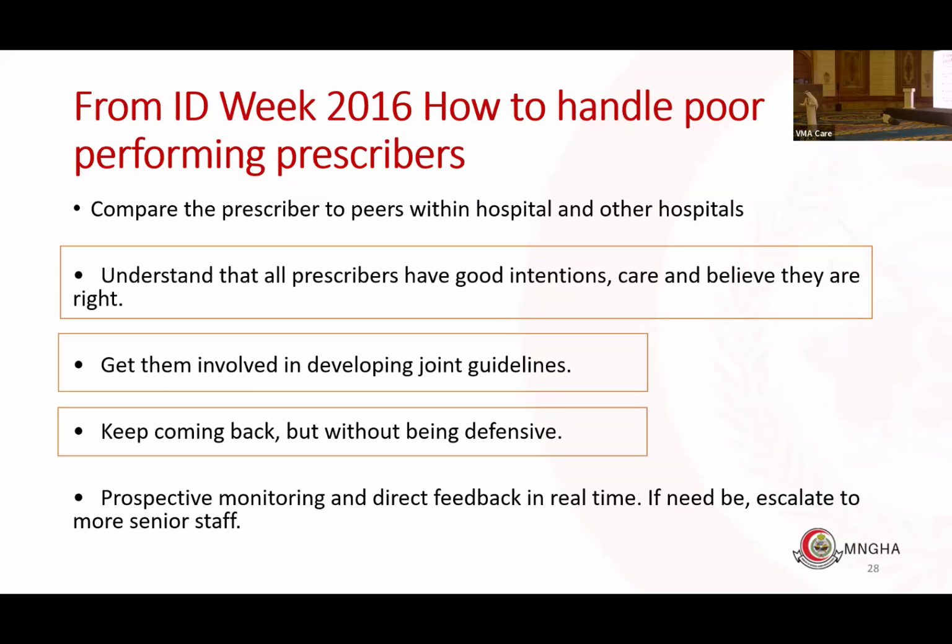Always, when you go on a BAF round, when we're dealing with another specialty, you need to know how to handle the poorly performing prescriber. Number one, compare the prescriber to peers within the hospital and other hospitals.